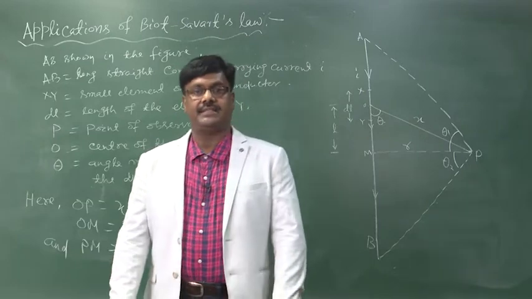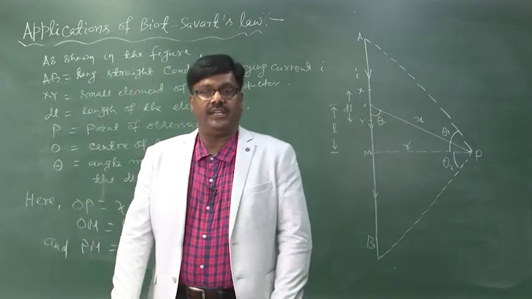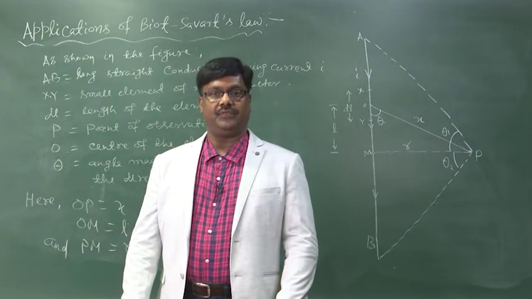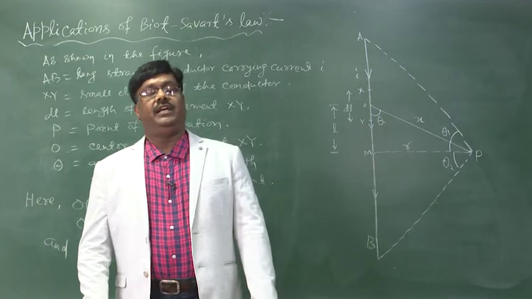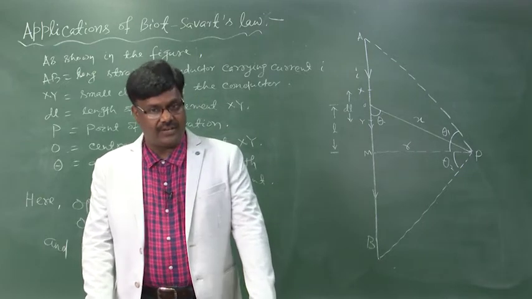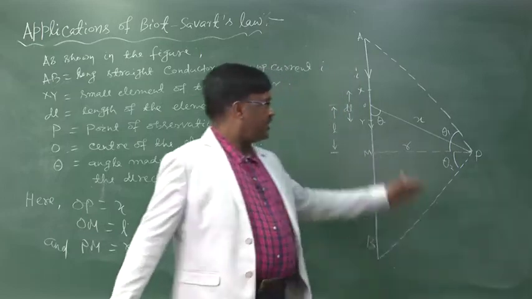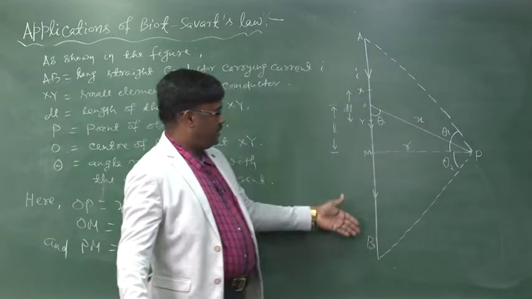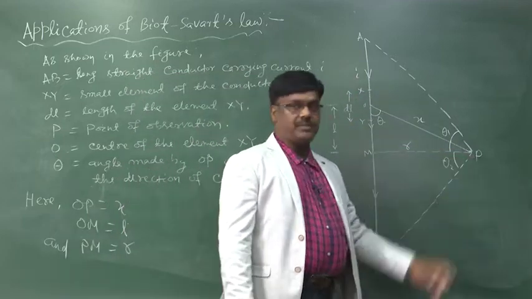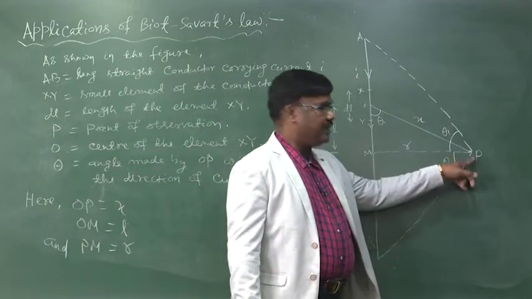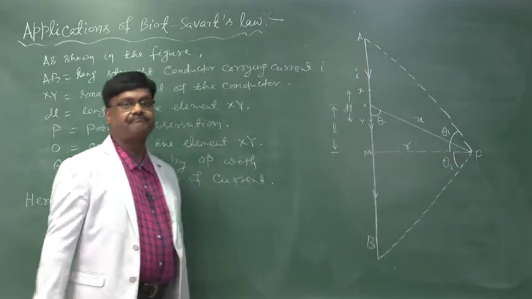Welcome to our class. We are discussing the derivation of the magnetic field strength at a point due to a long straight conductor carrying current, for which we have considered a long straight conductor AB, and P is the point of observation where we have to find the magnitude of field strength due to this current carrying conductor.